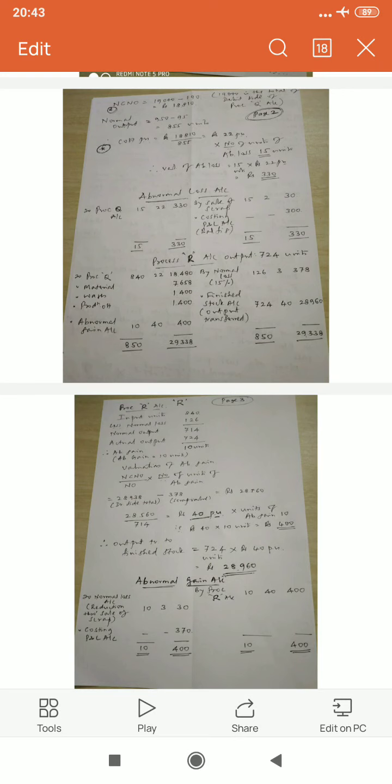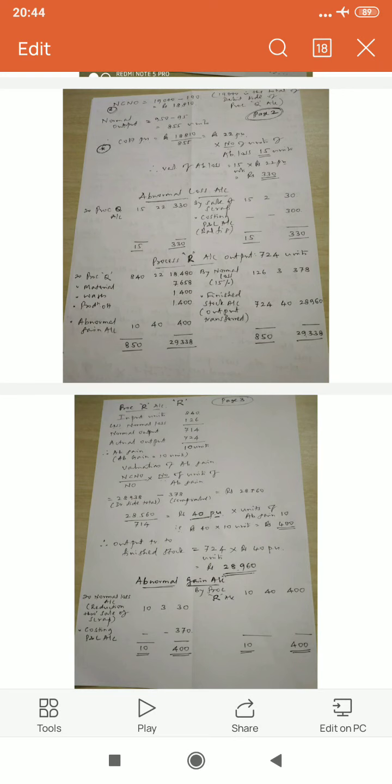So, this can be ascertained if you go through process Q account, the last entry by process R account 840, 18,480. Now, additional quantum or quantity of or worth of raw material fed into process R 7658, wages 1400, production also 1400. Now, coming to the credit side of process R account, normal loss.